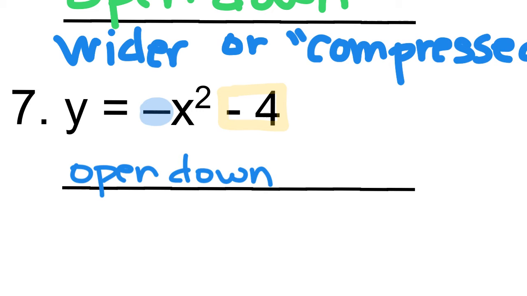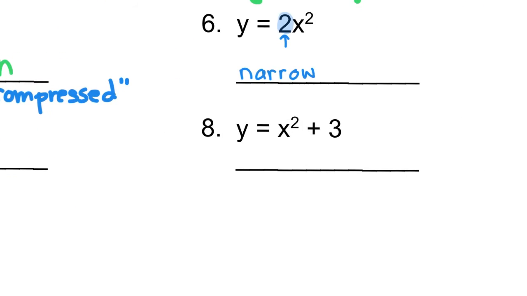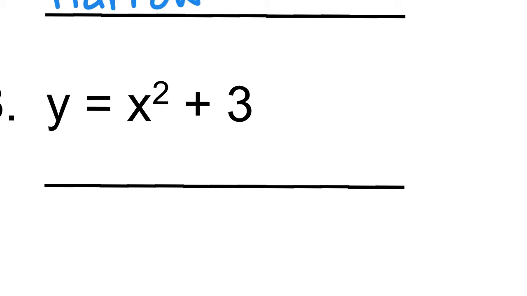So in that case, it means that it transformed and shifted the function down 4. Look at number 8 and try it on your own. For number 8, there is just 1 transformation, and that is that it shifted up 3.